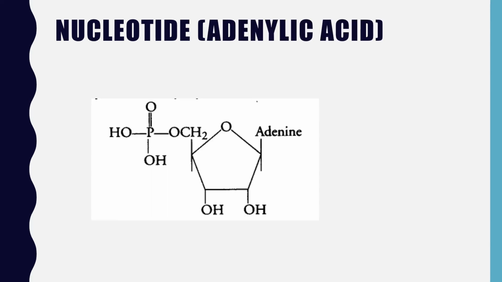So let's see, we have this structure of nucleotide, that is adenylic acid. Here you can see in the center is the pentose sugar, on one side adenine and on one side the phosphoric group.